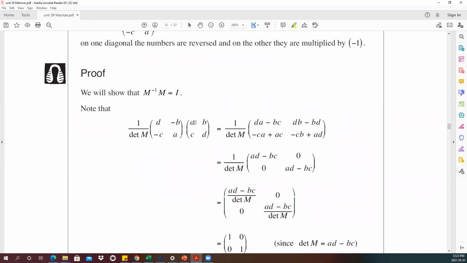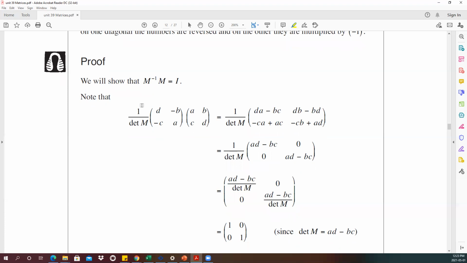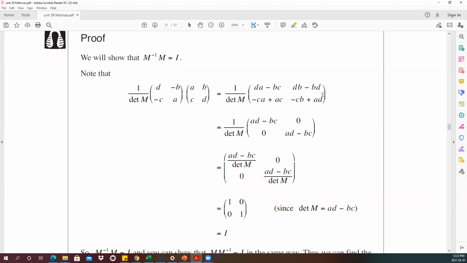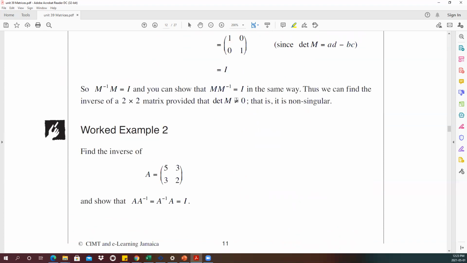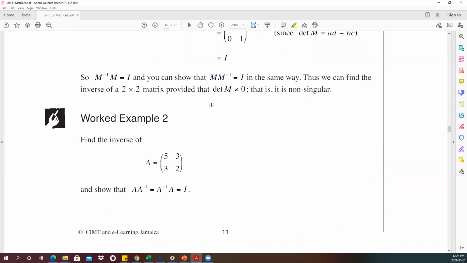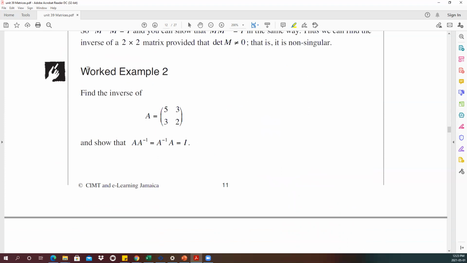So it's D times A plus minus B times C, and because of the minus, it is a minus instead of plus. Now, this is not important in terms of learning the proof, but understanding how it works is important when you do questions.